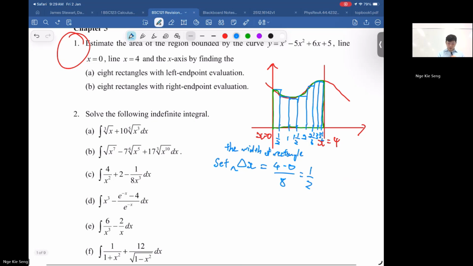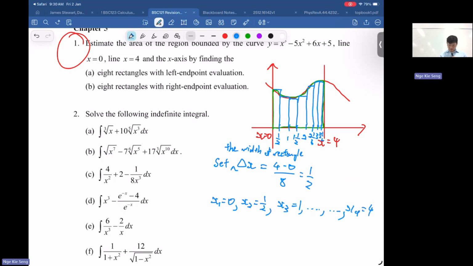Okay, so in this case here, you have x1 equals 0, x2 equals half, right? x3, and so on. Sorry, do we start with 0 or start with 1? Let's start with 1, that's fine. x9 equals 4.